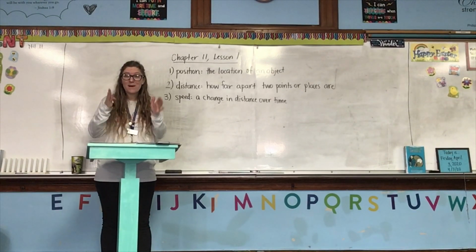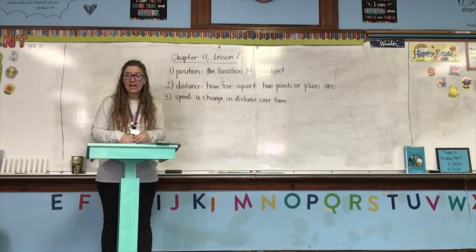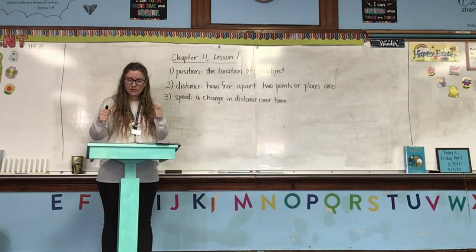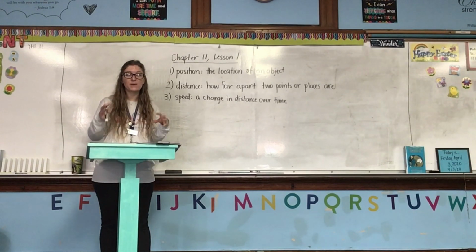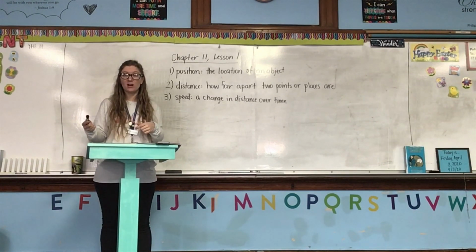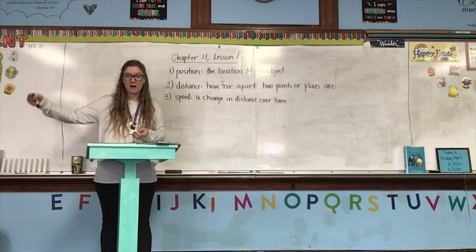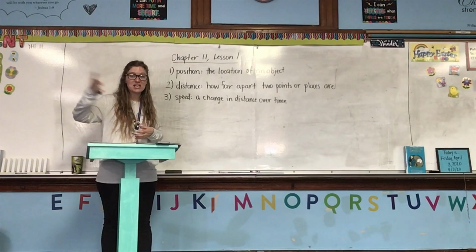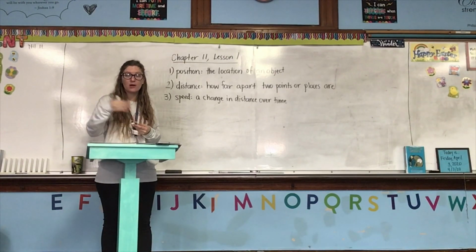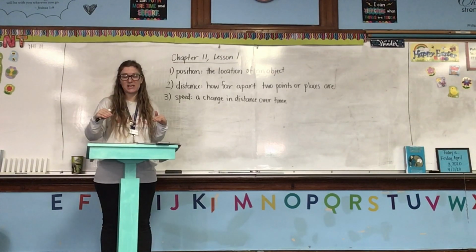So what miles per hour means is that, whatever speed your car is going, if the speed limit is 40 miles per hour, it should take you 1 hour to drive 40 miles. If it takes you longer than 1 hour to go 40 miles, you're driving under the speed limit.